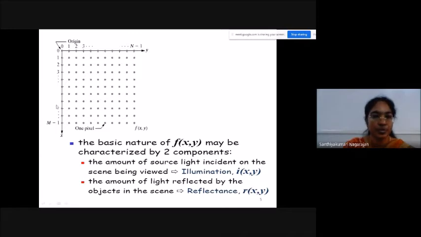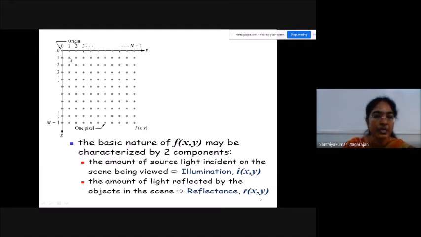This is your two-dimensional image. The picture elements are represented as a matrix for the x and y axes: 0 to n minus 1 is column-wise picture elements, and 0 to m minus 1 is row-wise picture elements.